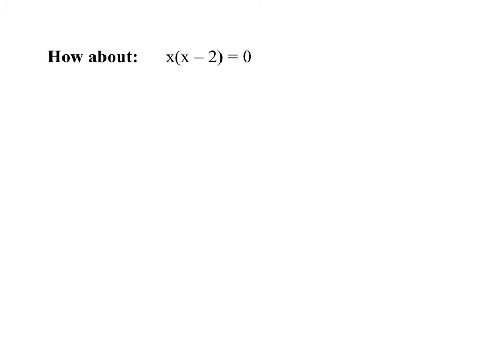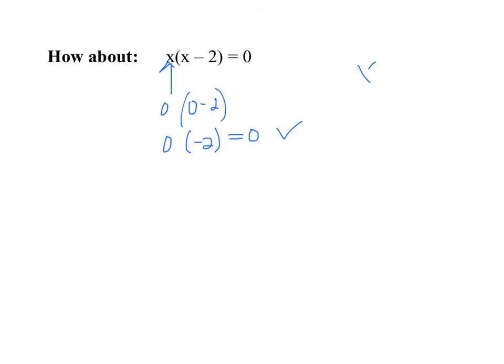A new situation, but maybe a little bit more complex: if you had an expression that had x times x minus 2 to equal 0, you really have to think a little bit harder here. How can that happen? If both x's are 0, then you would have 0 times -2 equals 0, and that works.